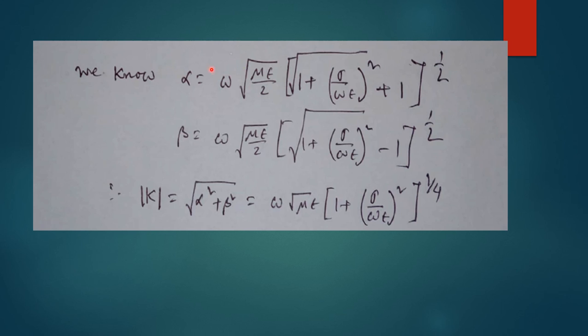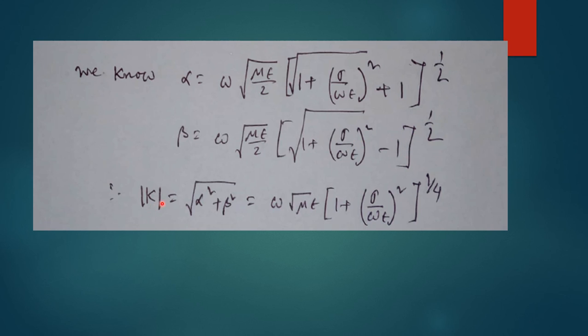And we know the value alpha is equal to omega into root of mu epsilon by 2 into the root over 1 plus (sigma by omega epsilon) square plus 1 root, and beta is equal to omega into root over mu epsilon by 2 into the root of 1 plus (sigma by omega epsilon) square minus 1, the whole root.